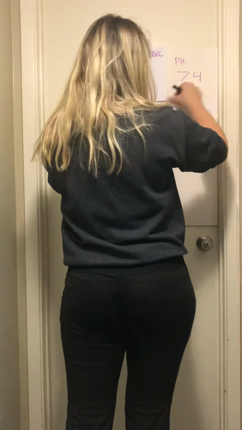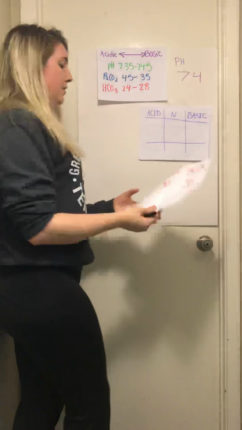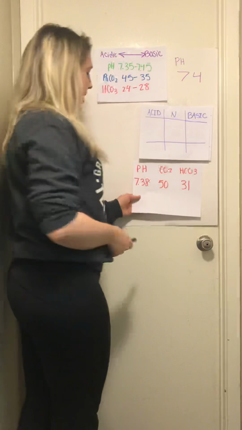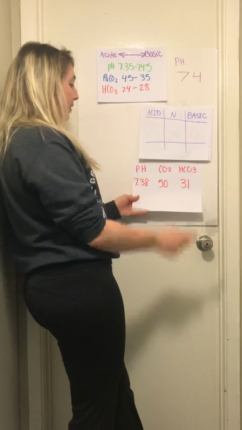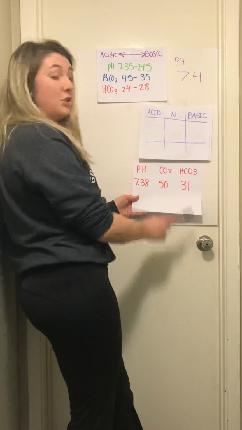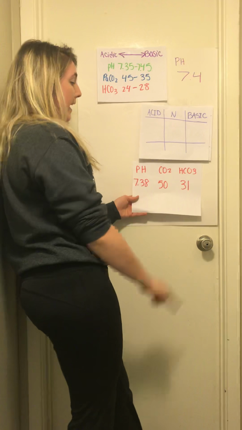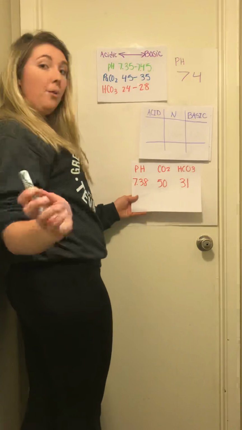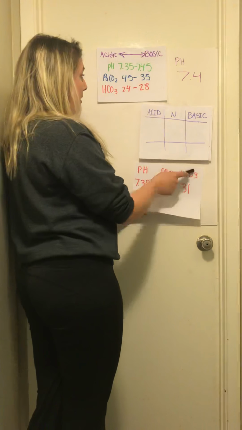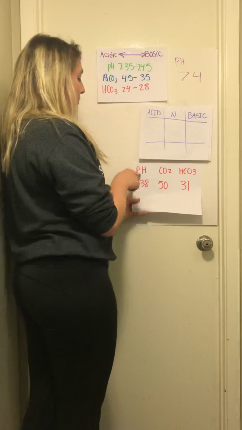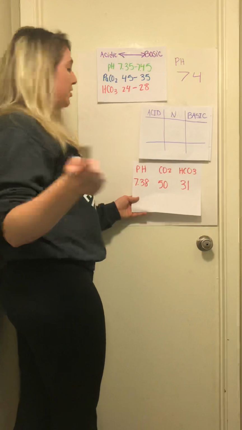So we'll get another chart here. Here's another example. pH 7.38, CO2 is 50, and our bicarb is 31. So we already know that these two are not within normal ranges, but our pH is, so it's a fully compensated situation.